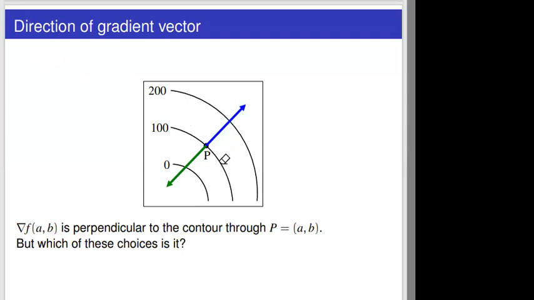So this is the level curve, and the gradient is perpendicular to the level curve. And it is in the direction of f increasing. You can see f is increasing, height is increasing in this direction. So the direction of the gradient is this direction.